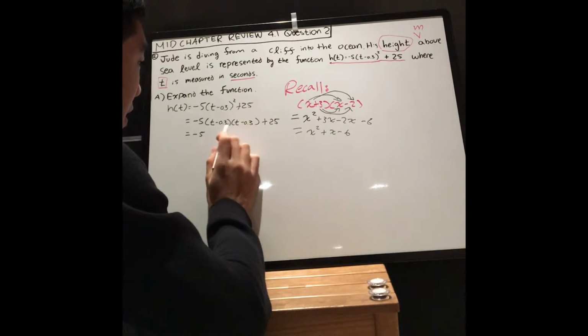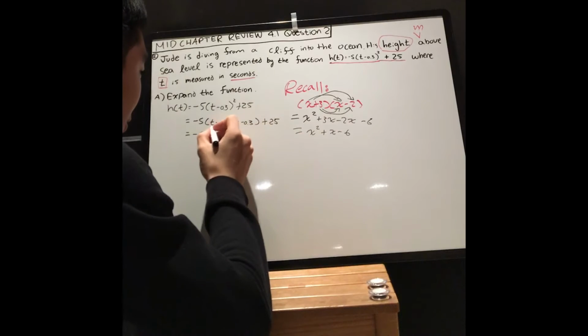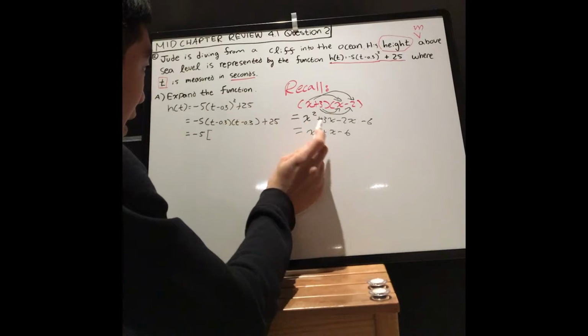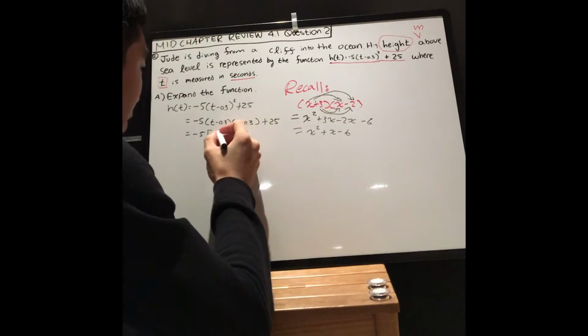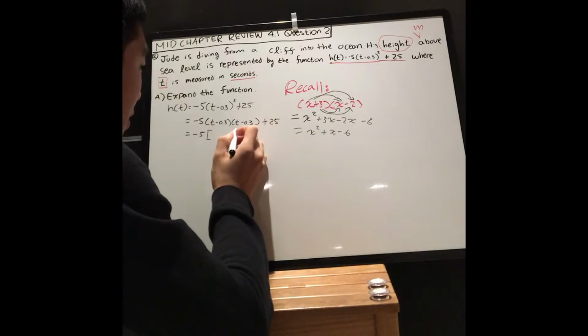Now you can see the two binomials here, which is why I wanted to do this. So we do the same thing we did in the recall and multiply everything in the first binomial by everything in the second binomial.